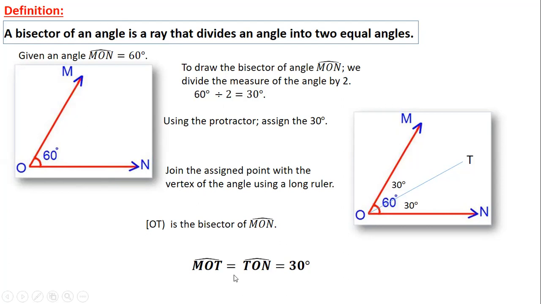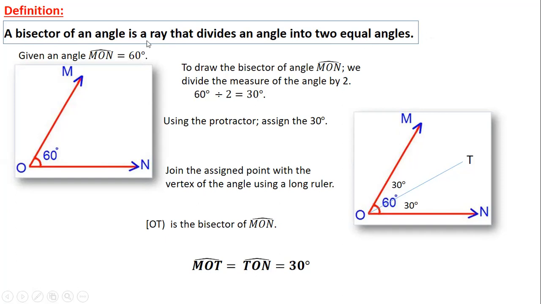You see what I have written here in the middle, Muhammad? These are the steps for how we draw a bisector. These you should always do to draw a bisector. So first, as the definition says, the bisector will divide the angle into 2 equal angles.